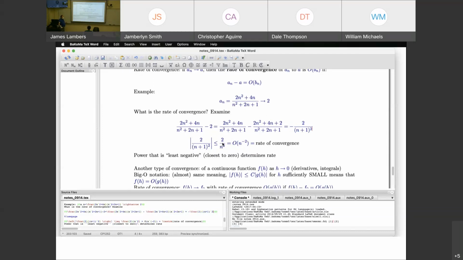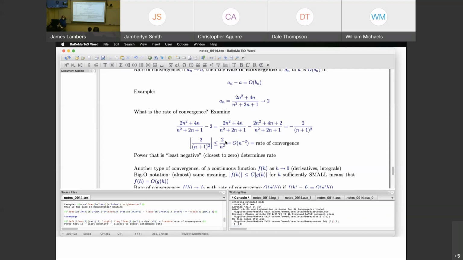You can also say it is big O of 1. Yes, I can do that. But that is not a sharp upper bound, because as n gets larger and larger, there's going to be a very large gap between this and, say, 2 over n or 2.